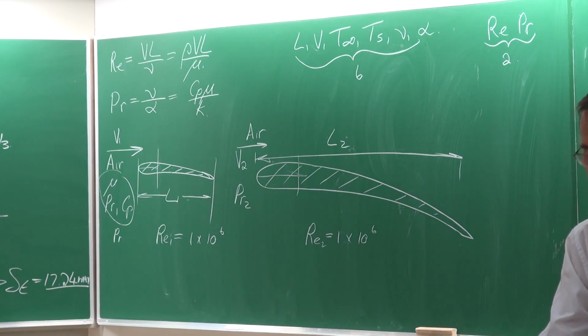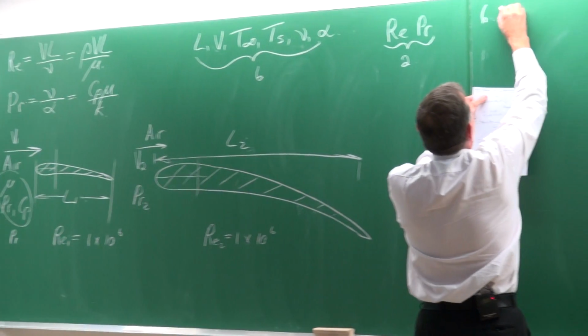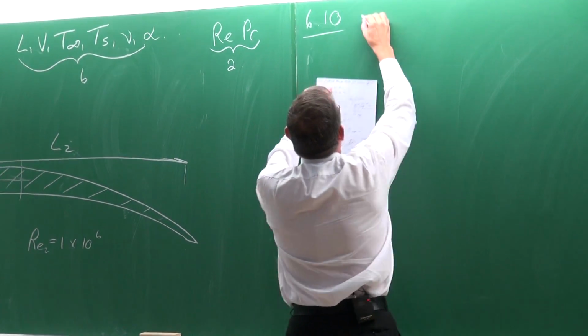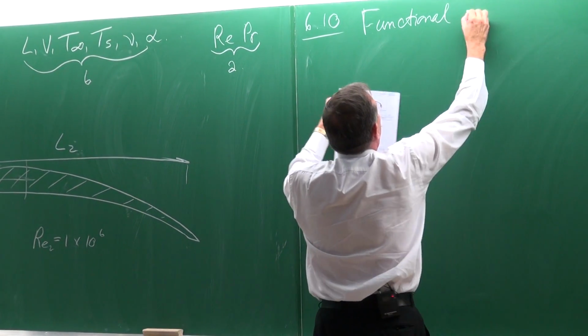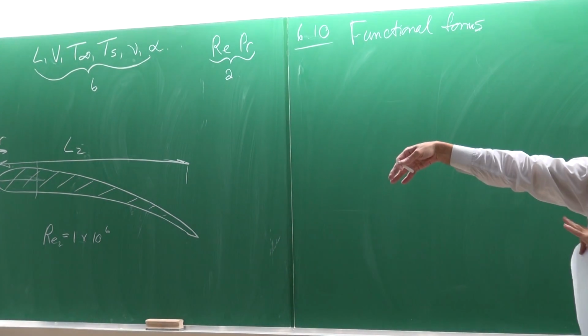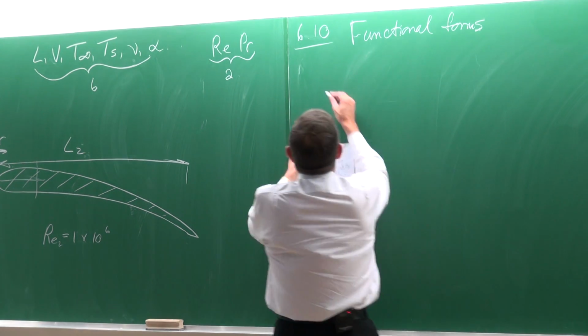So paragraph 6.10 is specifically on the functional forms of the friction and convection coefficients. And it also makes use of this non-dimensionalized study to go further.